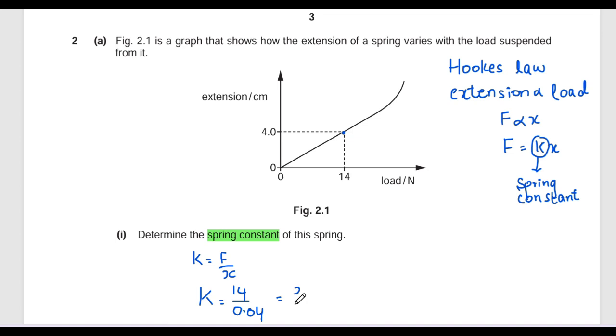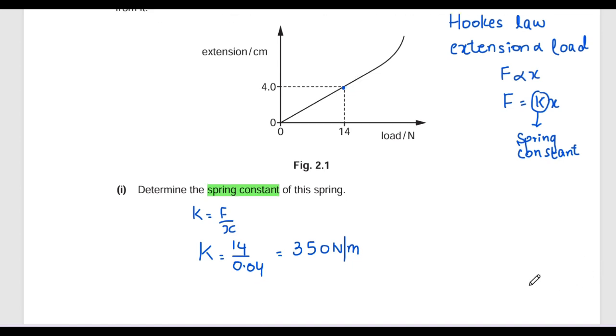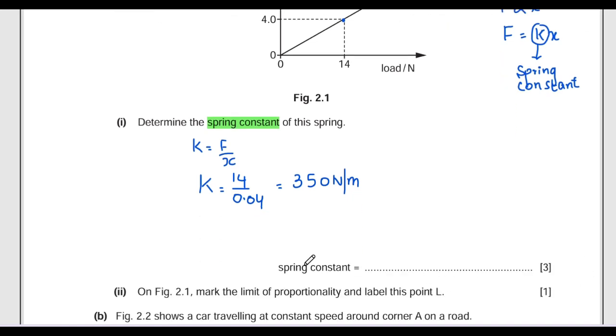Dividing them both will give you 350 Newton per meter. I'm just writing it into the place provided. 350 Newton per meter is the final answer, and it is the spring constant of our spring.